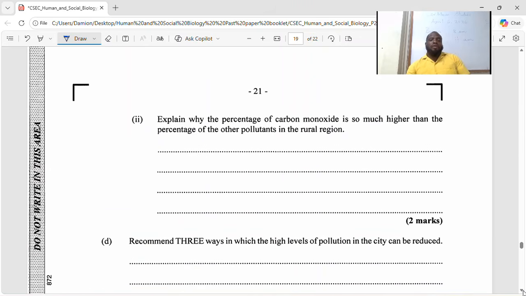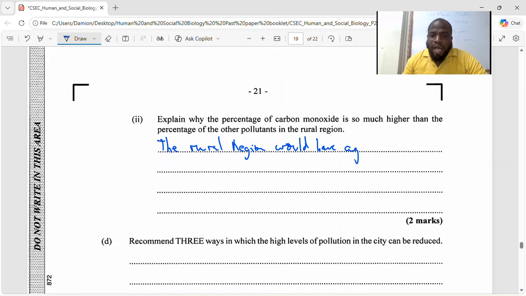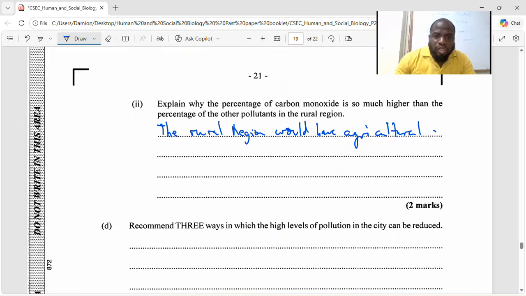Explain why the percentage of carbon monoxide is much higher than the percentage of other pollutants in the rural region. So in the rural region, you would have agricultural activities.